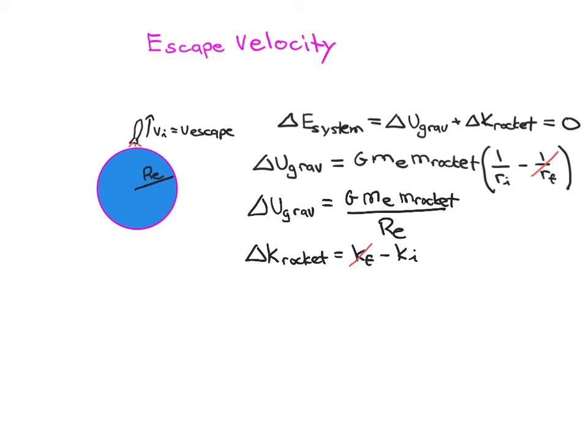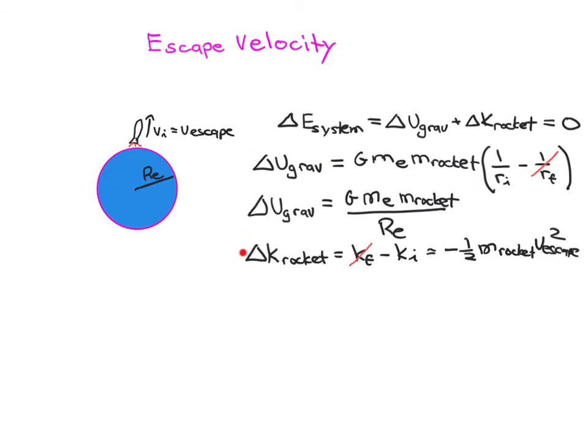So it gets there with essentially no kinetic energy. So in that case, delta K rocket is just minus 1/2 the mass of the rocket times its initial speed squared, which we're calling the escape speed or escape velocity.